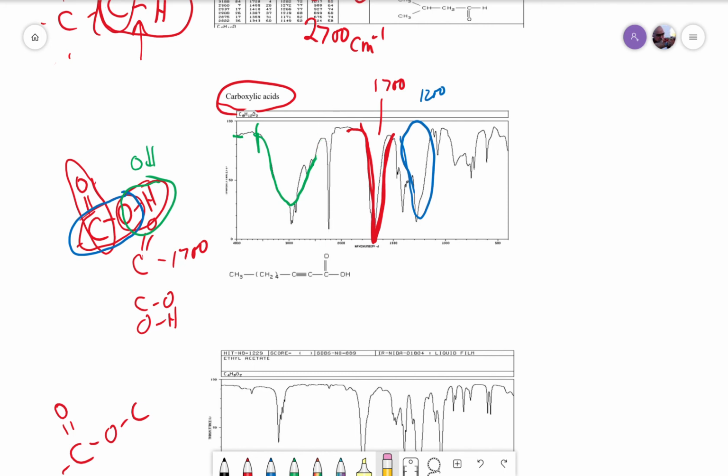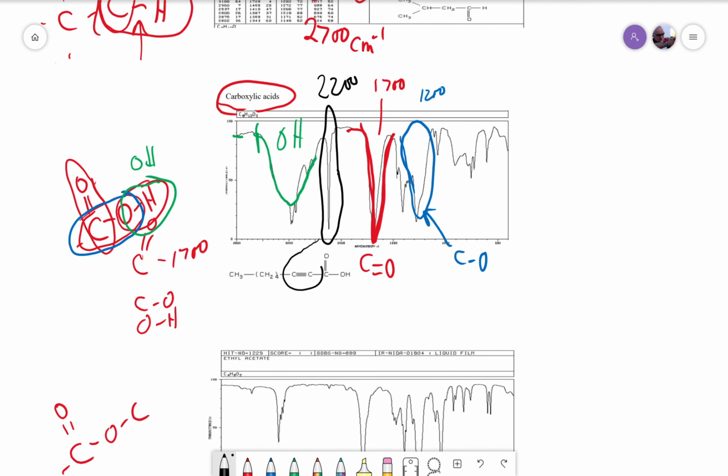That is the OH. This is the C double bond O, and that would be the C single bond O. If you want to go back and remember, that peak at 2200 reciprocal centimeters corresponds to a C-C triple bond. So we can identify structural features, C-C single bonds, C-C double bonds, CHs, all from this particular spectrum.